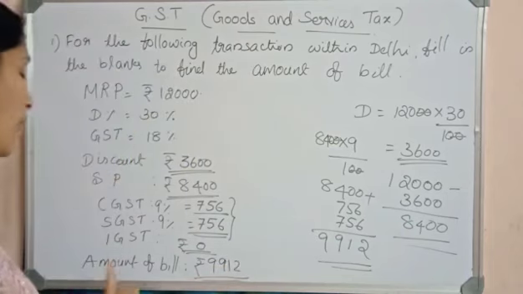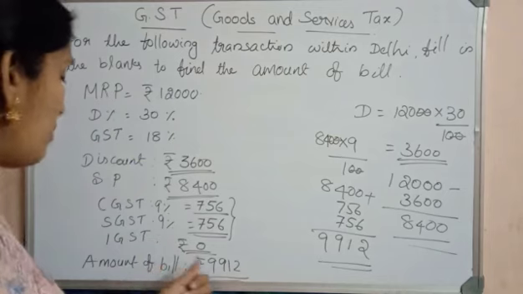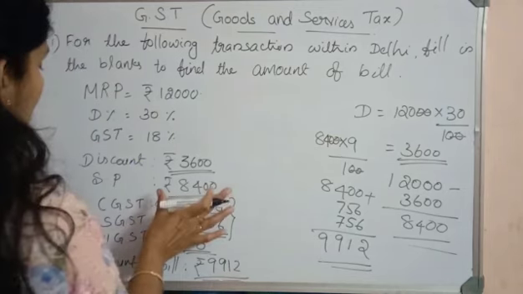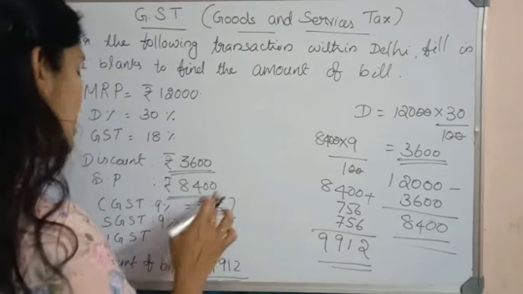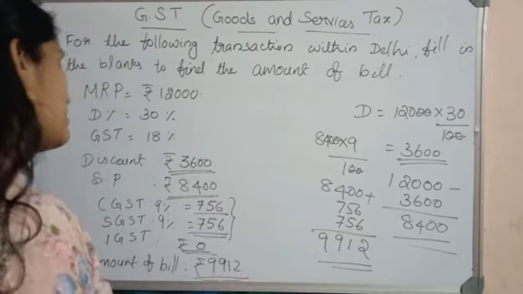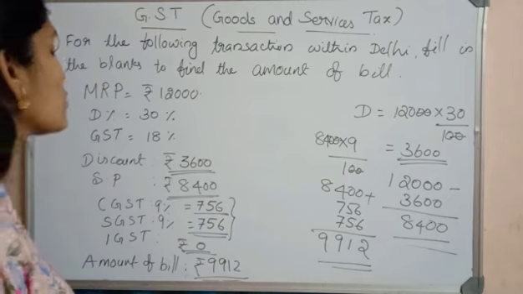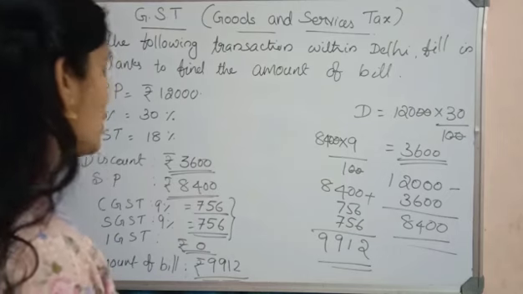So this is the amount of the bill. The amount of the bill is calculated by adding the selling price as well as the GST. GST means both CGST as well as SGST. So here the amount of the bill is rupees 9,912.